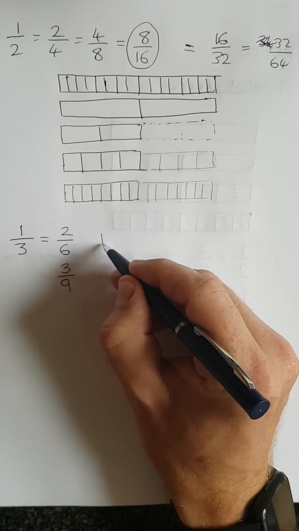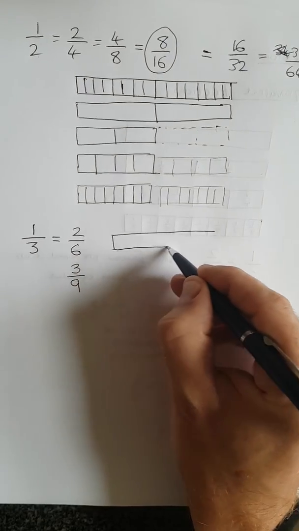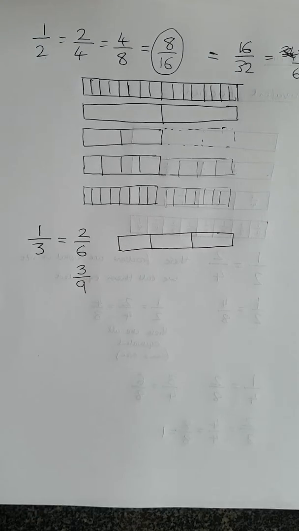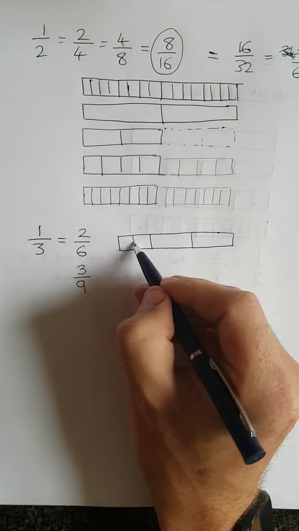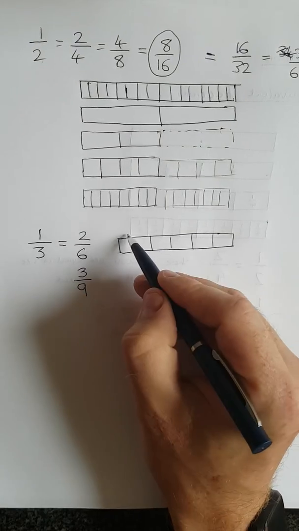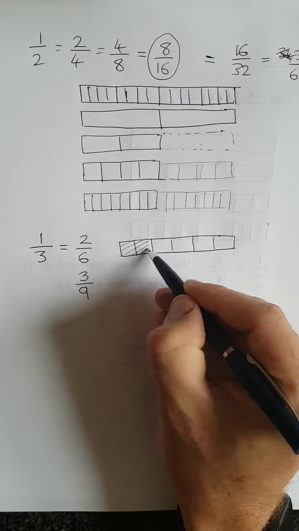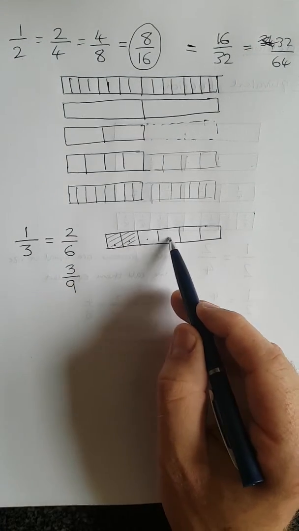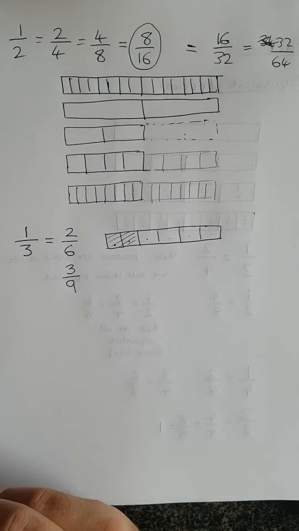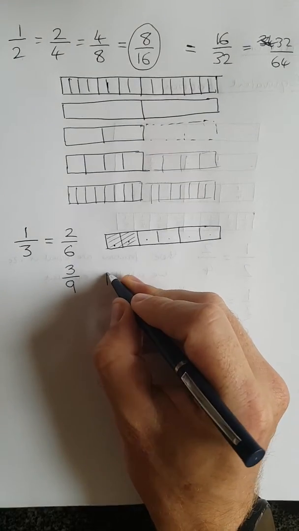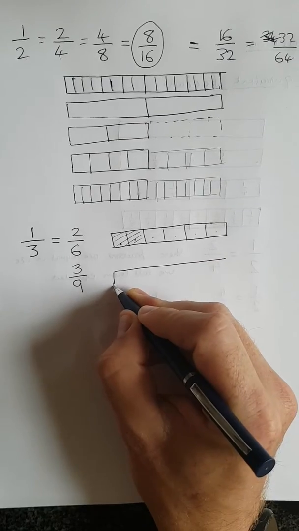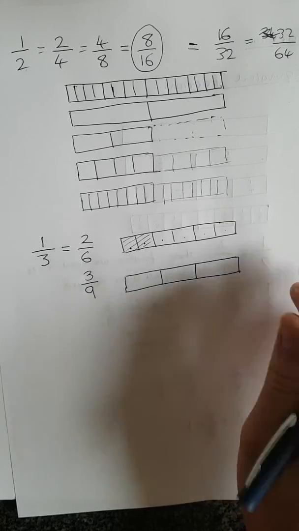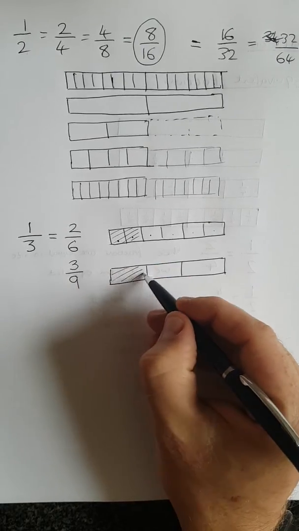Let's draw it out to help. Here is our whole one, cut into thirds. If I cut each piece in half again, what was originally 1/3 is now 2/6. What about 3/9? How did they get that answer? There's 1/3.